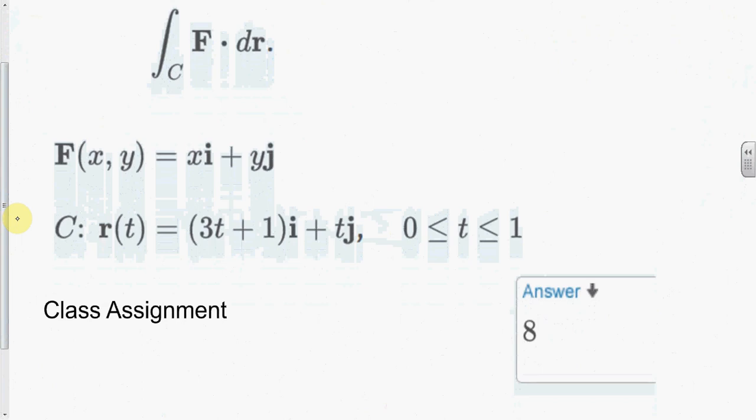Got it. Good. This one is not as long as the one that I just got through doing.